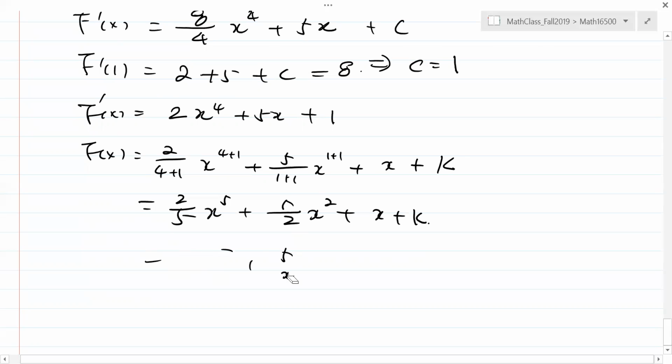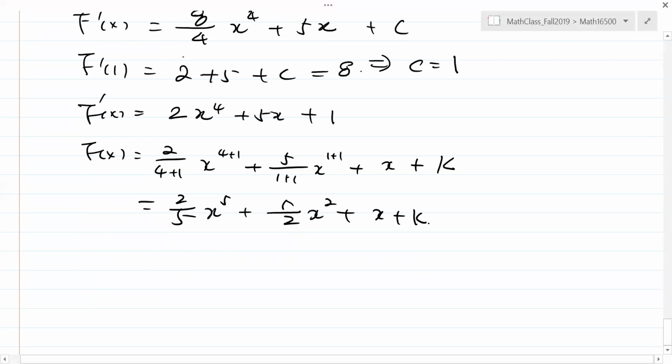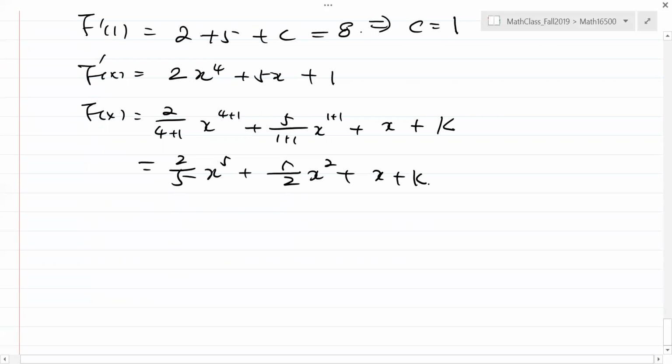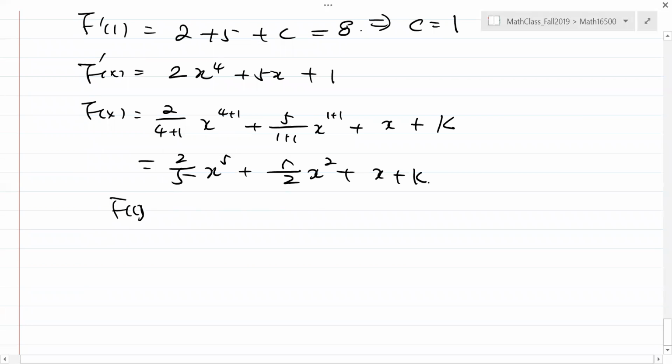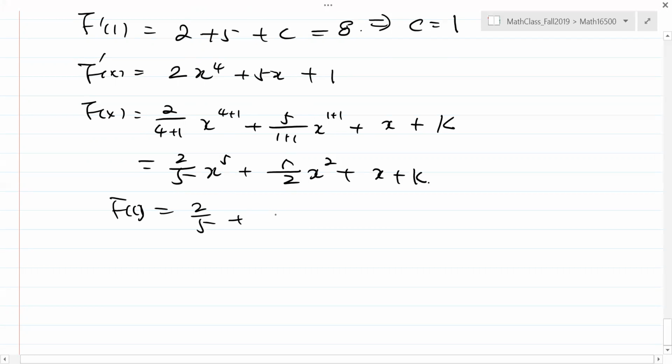Oh yeah, you don't need to simplify. We just need to determine the constant k. We know f of 1 equals 0. Well, that is going to be just k. F of 1 has to simplify to 2 over 5 plus 5 over 2 plus 1 plus k.